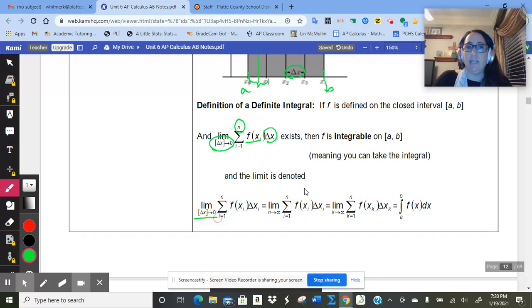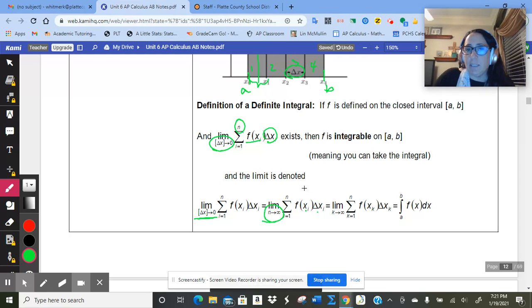So if I am taking delta x to 0, I know that I need to take n towards infinity. So I have an infinite number of those Riemann sum parts. Instead of just doing 4 subintervals like we did here, I'm going to have an infinite amount. Then we take f of the value times the delta x.